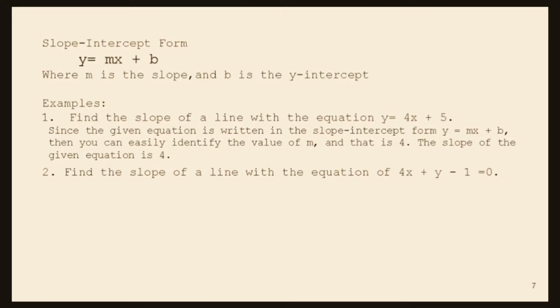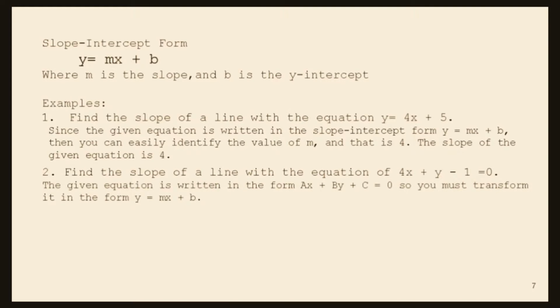Okay. So, dito tayo sa example number 2. So, find the slope of a line with the equation of 4x plus y minus 1 is equal to 0. So, this equation is in the general form, which is ax plus by plus c is equal to 0.